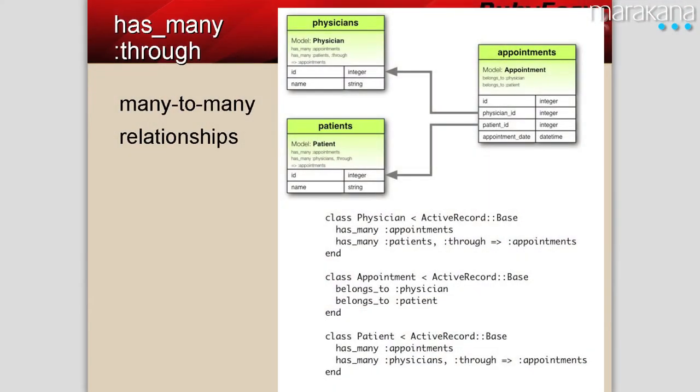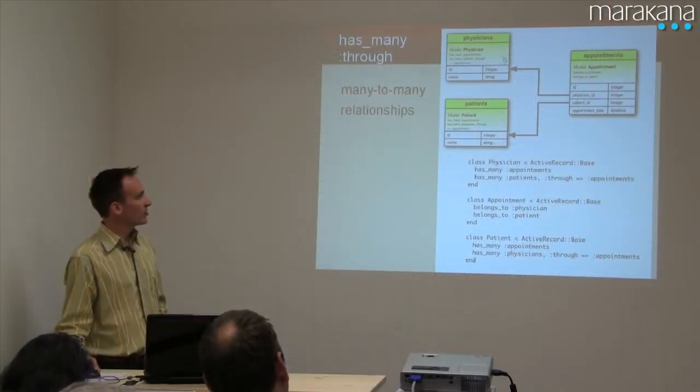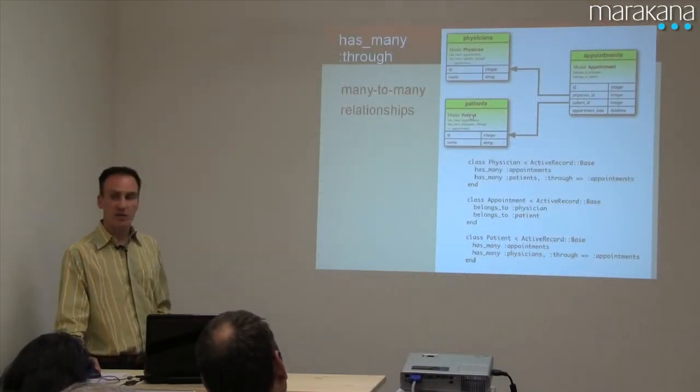It's a powerful feature. And then I want to briefly take a look at the has many through. So the has many through is a way to make an intermediate join table. This is a many-to-many relationship that is mapped here to tables. Typically, this example is also from the Rails guides, which I recommend as reading. So you have a physician, and that physician has many patients, but a given patient also has many doctors.